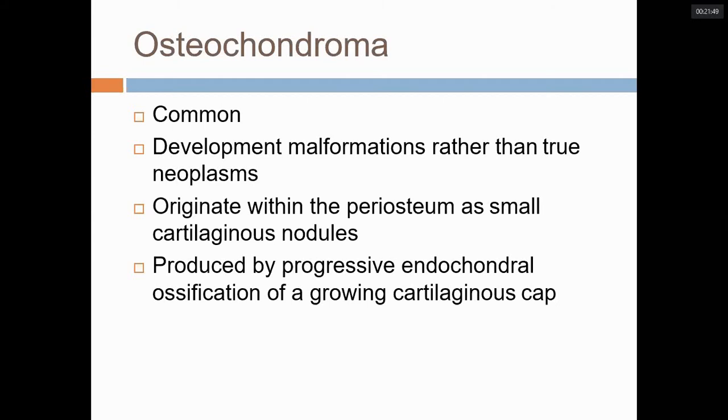It originates within the periosteum as well as small cartilaginous nodules. It is produced by a progressive endochondral ossification of a growing cartilaginous cap. There are two types of ossification: membranous ossification and endochondral ossification.